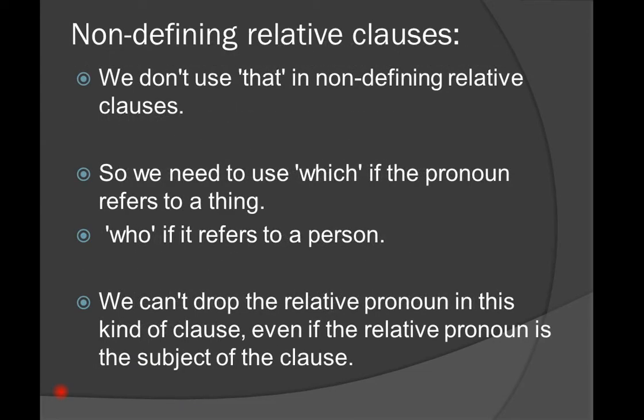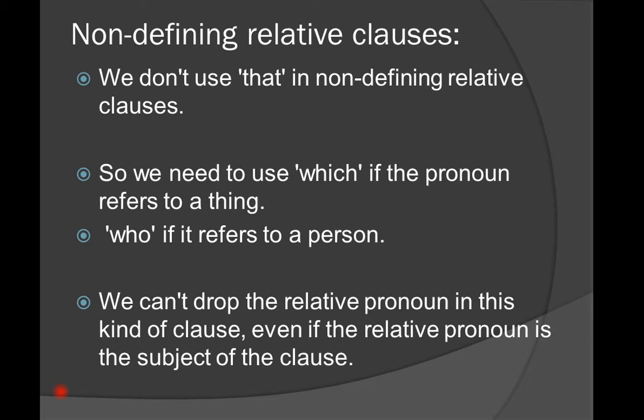We don't use that in non-defining relative clauses. So we should keep in mind that the relative pronoun that is not used in non-defining relative clauses. We either use which if the pronoun refers to a thing, or who if it refers to a person.